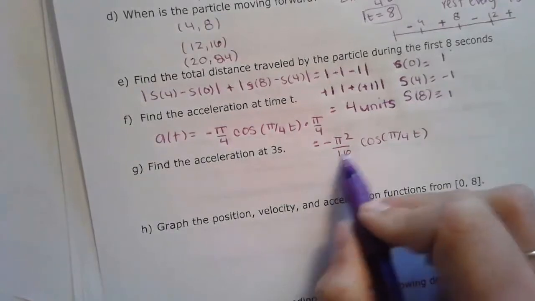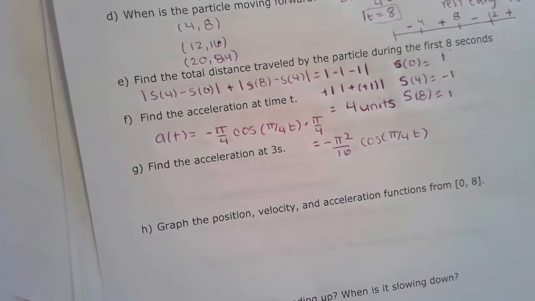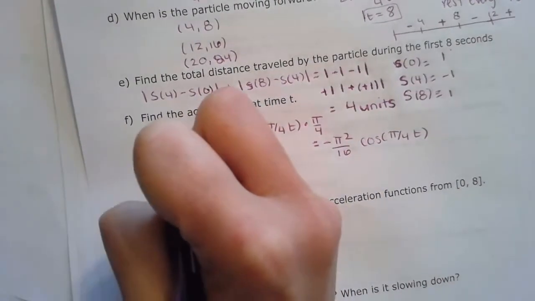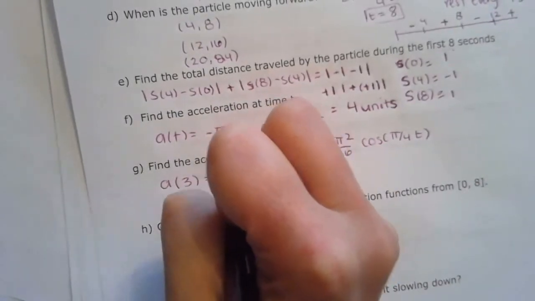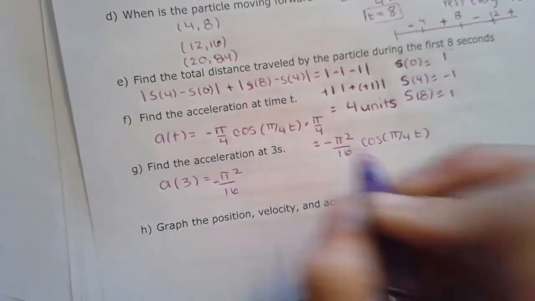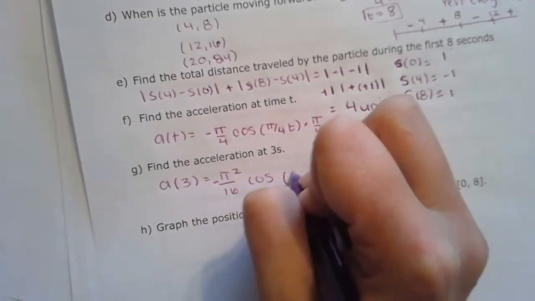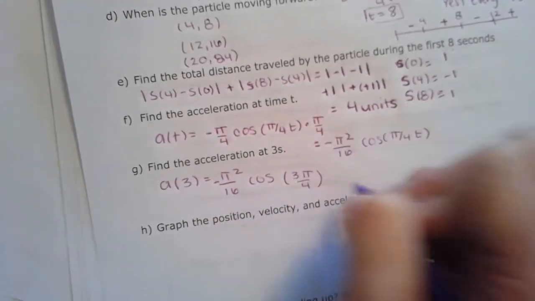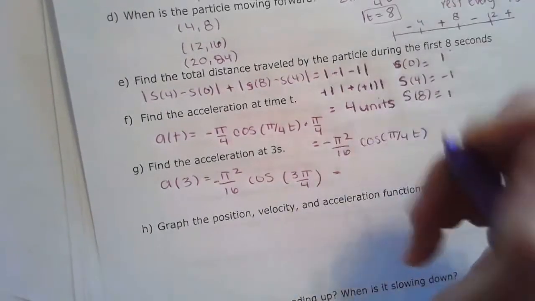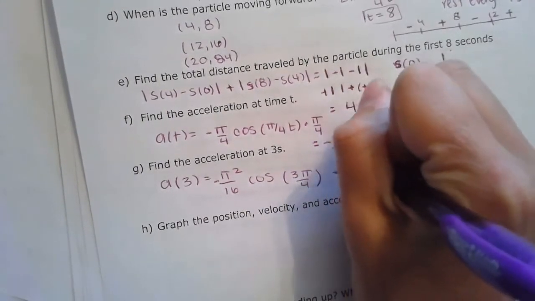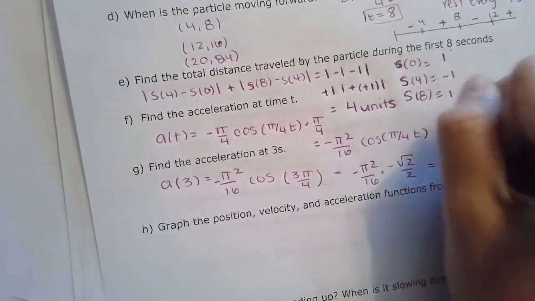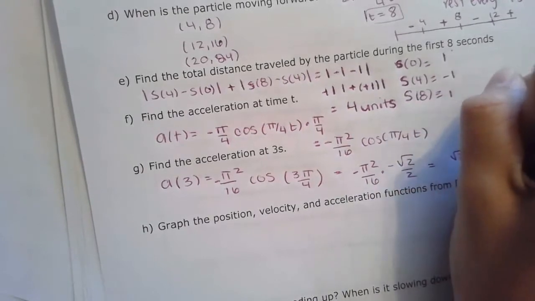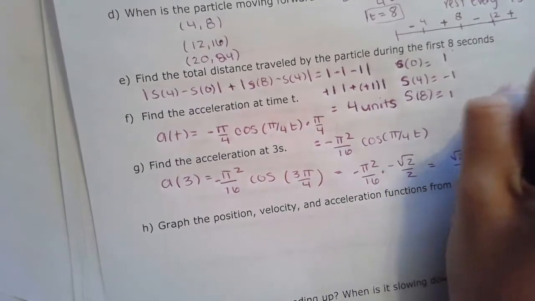So you're just probably missing that constant. You're just going to have to multiply and add it back in. So you get a of 3 equals negative pi squared over 16 cosine 3 pi fourths. Well, cosine of 3 pi fourths is negative root 2 over 2. So you get a positive root 2 pi squared over 32.